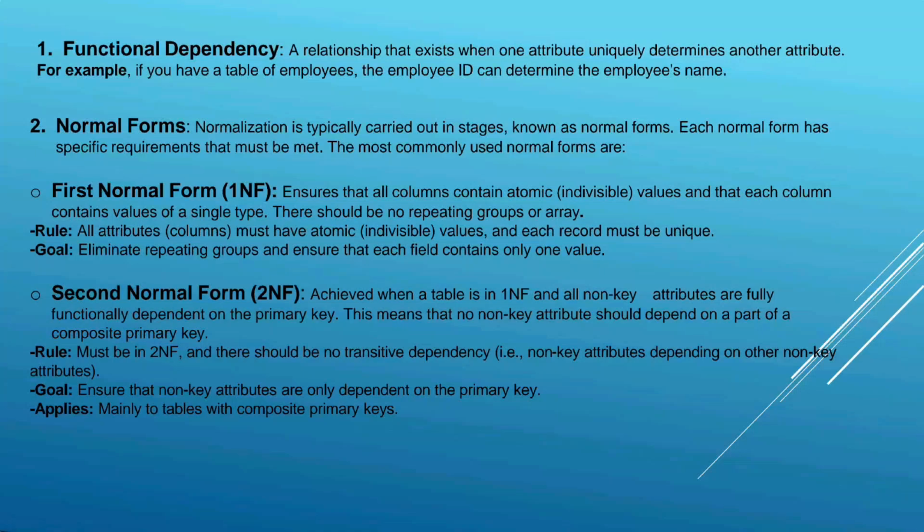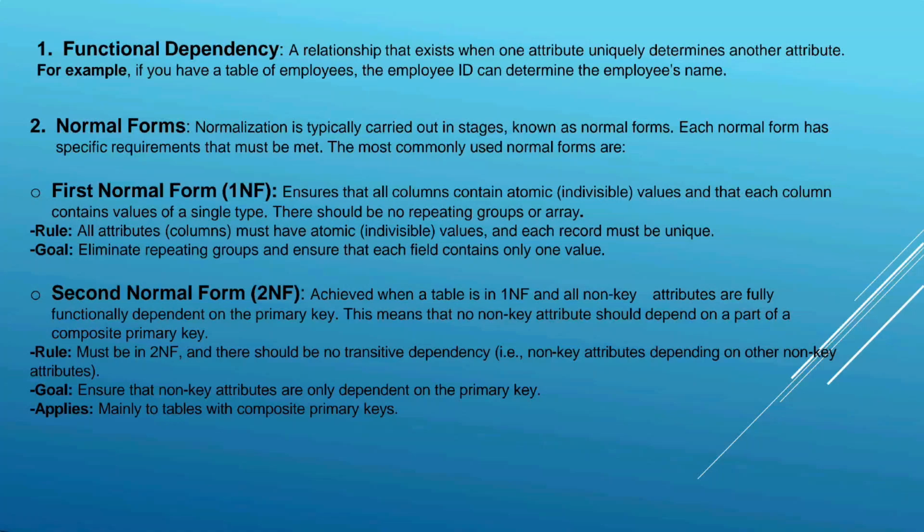Second normal form, 2NF, achieve when a table is in 1NF and all non-key attributes are fully functionally dependent on the primary key. This means that no non-key attribute should depend on a part of a composite primary key.